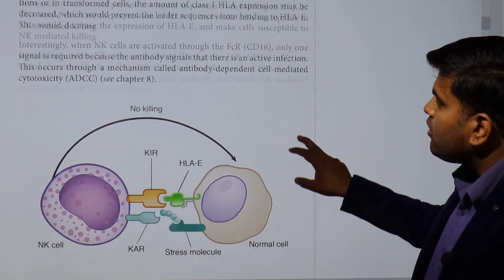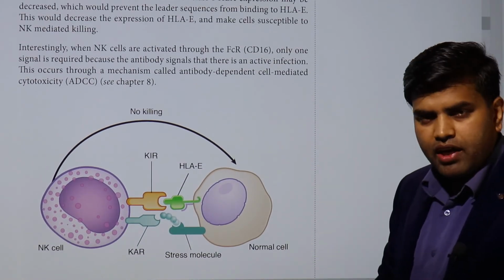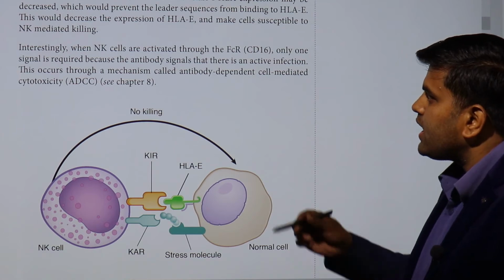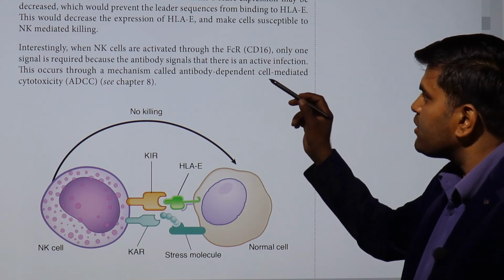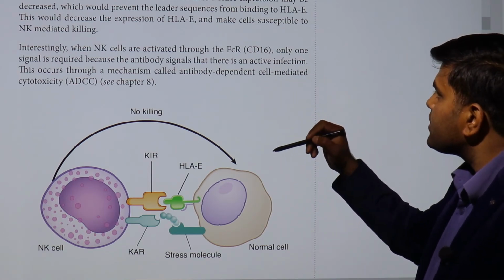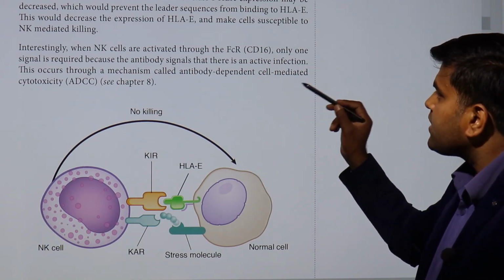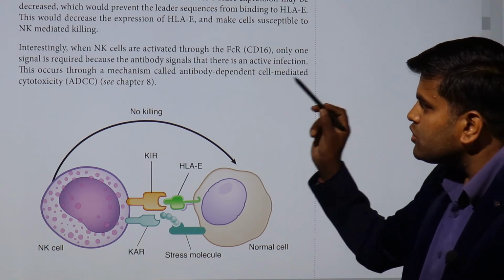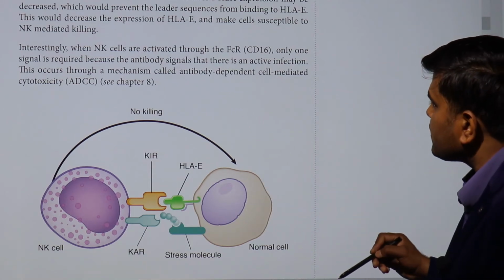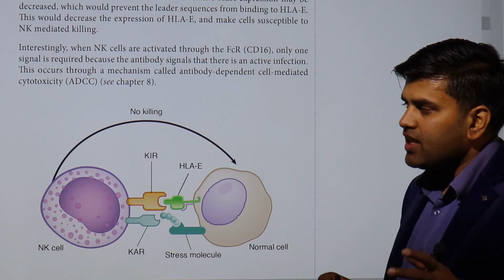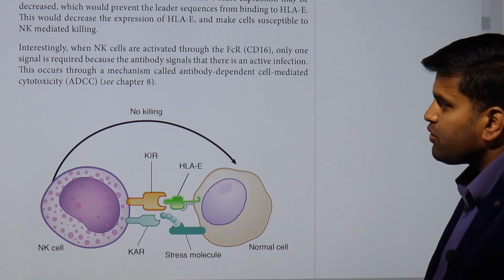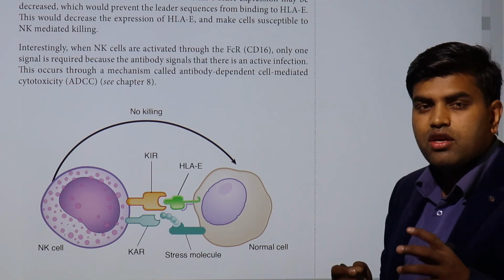Now there is another mechanism by which the NK cell can kill, and that is when the NK cell is activated through the Fc receptor, CD16. Only one signal is required because the antibody signals that there is active infection. This occurs through a mechanism called antibody-dependent cell-mediated cytotoxicity, ADCC. This is actually dependent on the antibody.